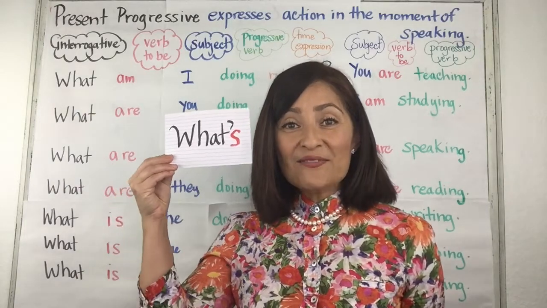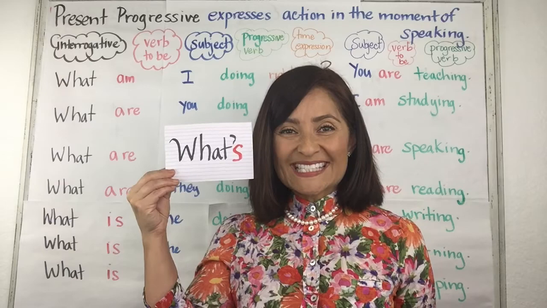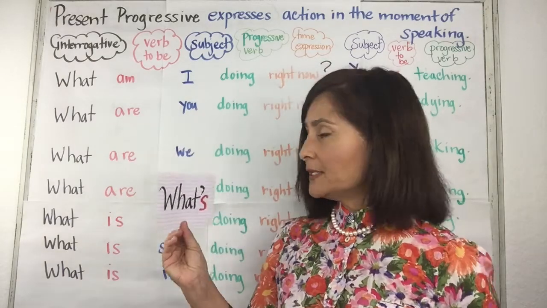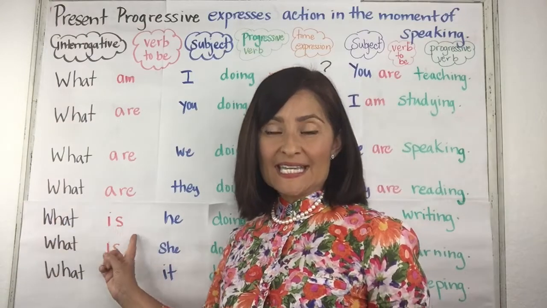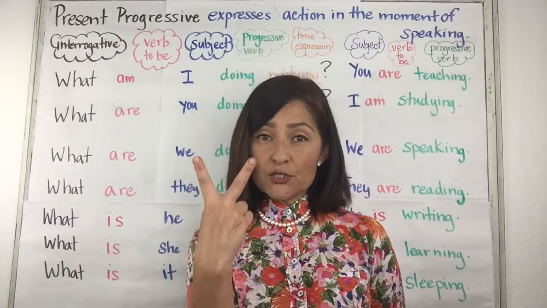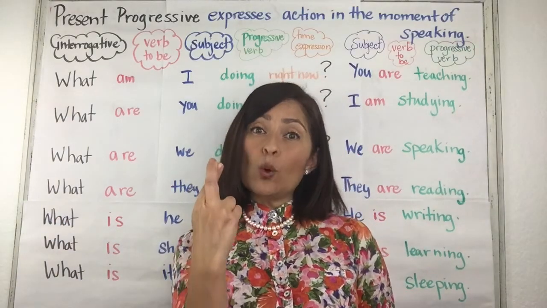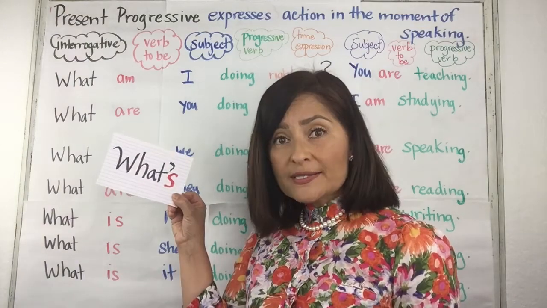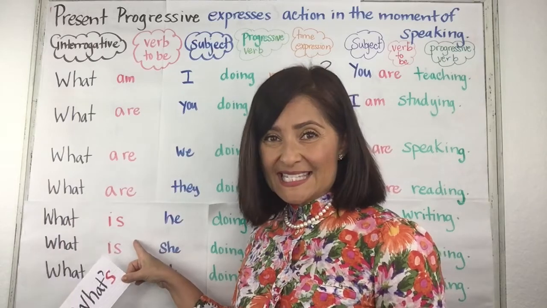So here we have what's. It is the contraction form of what is. Remember I said a contraction is two words that we make into one word, and it has a different pronunciation. This is what's, and this is what is.